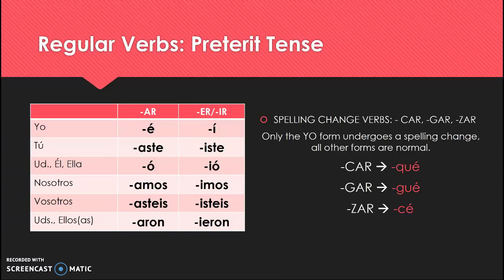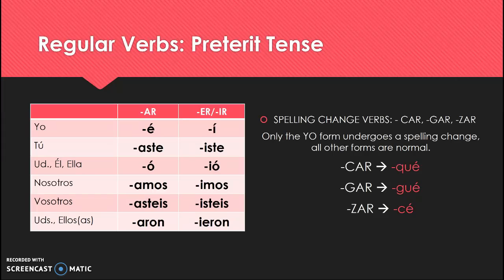Now, -car, -gar, -zar verbs are sometimes taught separately. These are not technically irregulars, they just undergo a spelling change. These three types of verbs are all -AR verbs, so we want to focus on the -AR endings. The only thing is that in the yo form, they have to undergo a slight spelling change to maintain the sound.